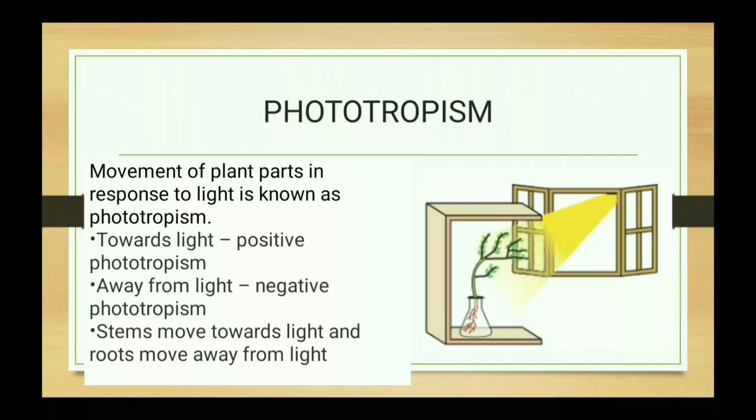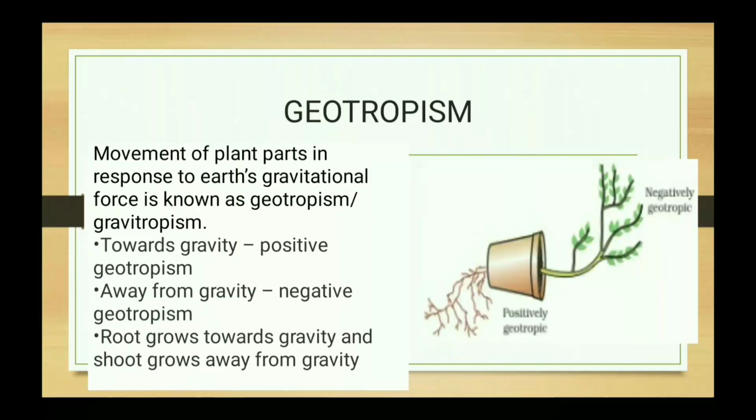Now next is geotropism. Movement of plants in response to Earth's gravitational force is known as geotropism or gravitotropism. Towards gravity it is positive geotropism, and away from gravity it is negative geotropism. Here is the diagram. Gravity.